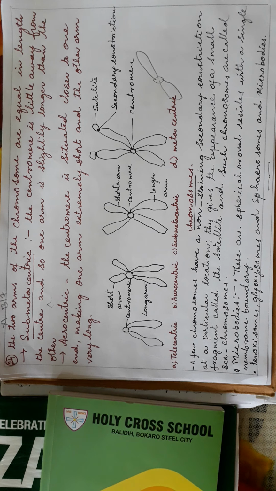And last one, glyoxysomes are microbodies which contain enzymes for beta oxidation of fatty acids and the glyoxylate pathway. I have not given more, just remember they are microbodies, that is okay.